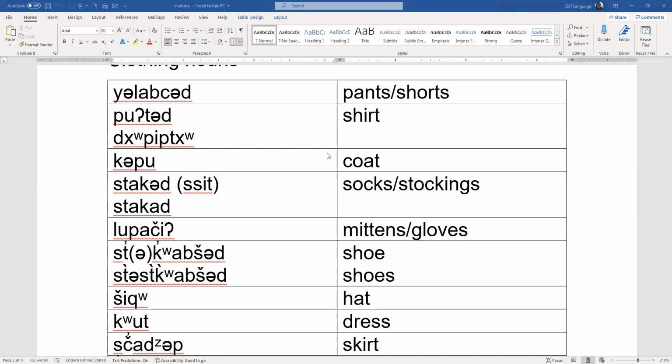Kapu. If you want to use the southern Lushootseed, this one is southern Lushootseed. It's dupipt. Talsh, teed, dupipt.